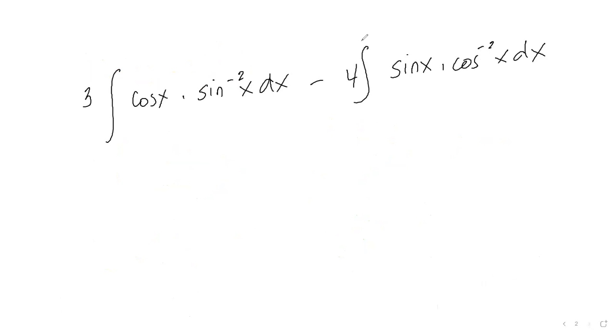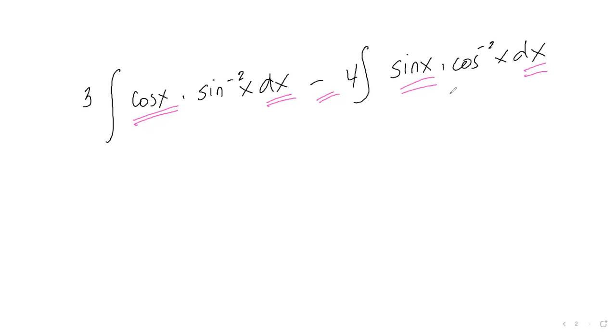So I would like to use this one, the cosine dx is the derivative of sine raised to negative 2x. The negative sine x dx is the derivative of cosine negative 2x.